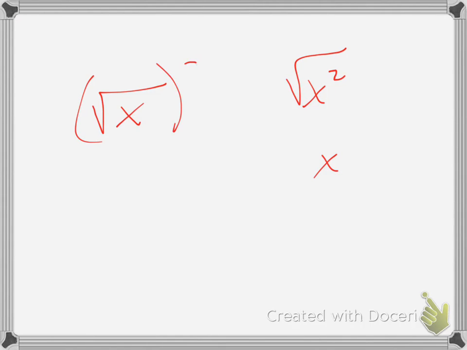If I were to square this, or even before I do that, if I were to rewrite this with a rational exponent, it would be x to the 1/2, right?